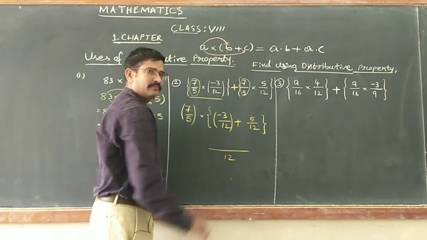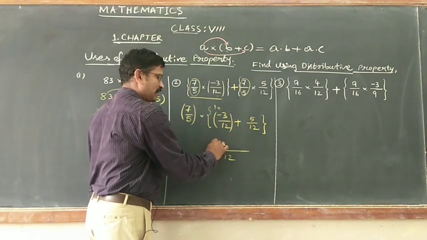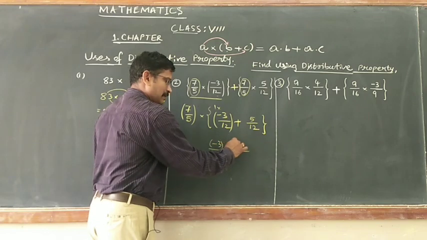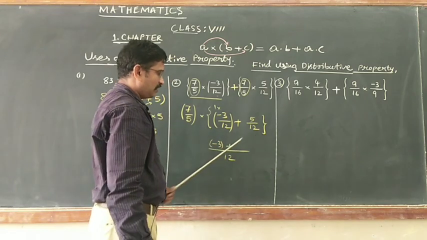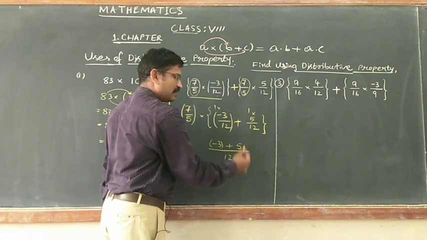LCM is 12, 12 in 12 once only, 1 multiplied to minus 3 gives minus 3, 12 in 12 only once, 5 multiplied to 5, it is 5 only.